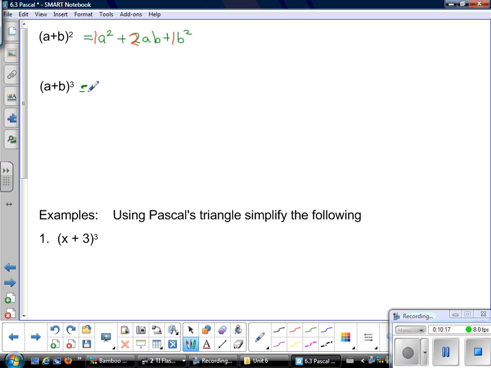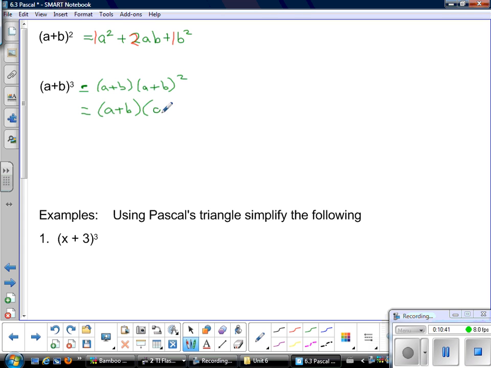We're going to have the same as a plus b, and that gets multiplied by a plus b squared, because there are three brackets that are the same. Now we did a plus b squared up here, so we can just put it in for here.